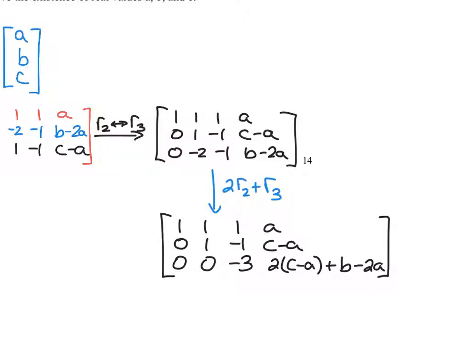All right. But in my next move, it seems like I'm probably going to want to divide that last row by a -3. So maybe simplifying is the way to go.